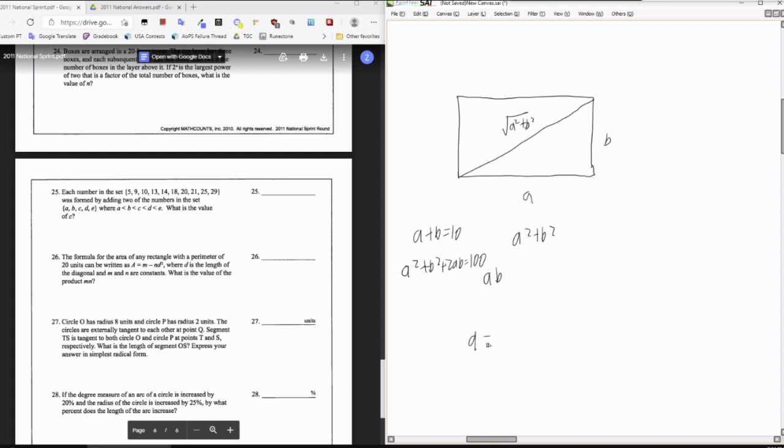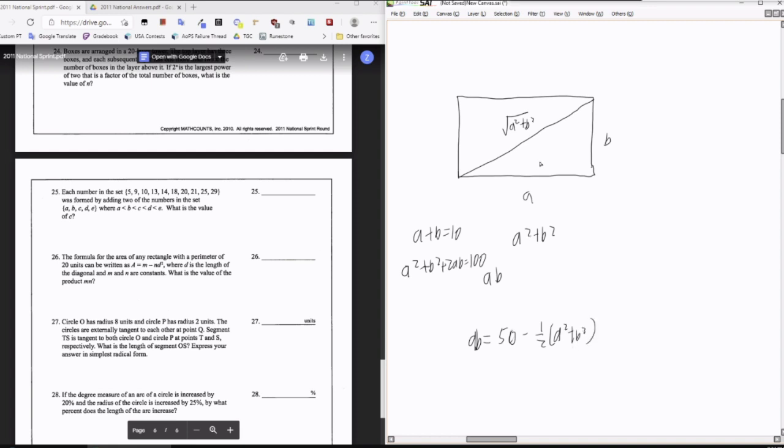So we're looking for AB here. AB will be equal to, if we shift things around a bit, 50 minus A squared plus B squared over 2. And this can be rewritten as 50 minus 1 half A squared plus B squared.